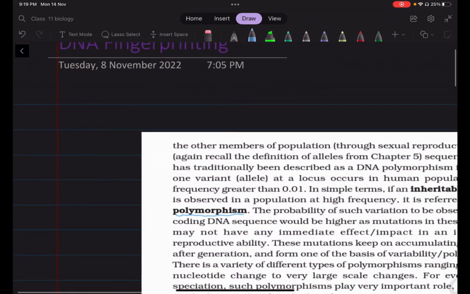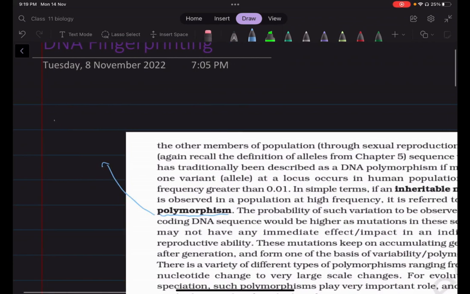DNA polymorphism is nothing but the presence of repeated DNA sequences. As we learned in the previous video, most of the DNA sequences in our genome are repeated. They are repetitive.